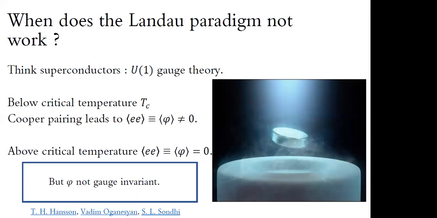That's why there are no local, legitimate order parameters that can tell you the difference between superconducting and non-superconducting phases. Why is it necessary to be gauge invariant? Because if it is gauge dependent, what does it mean to say that the two sides are separate?